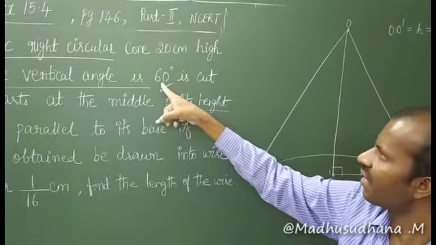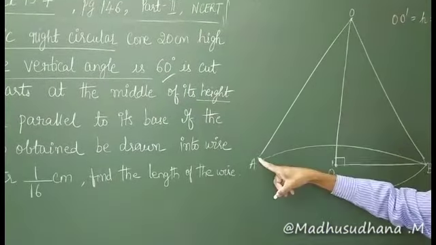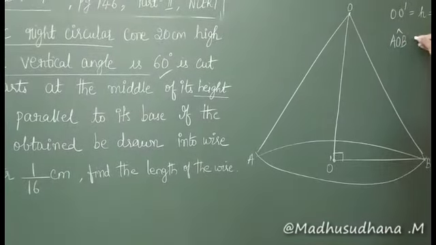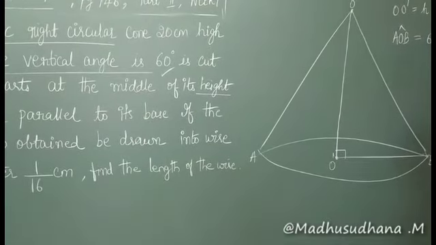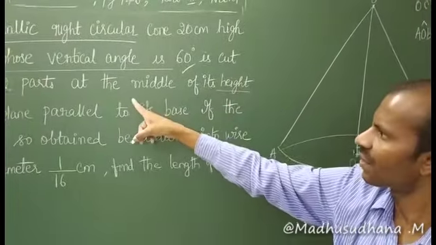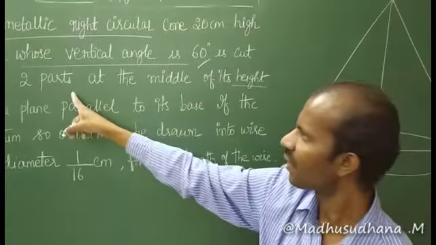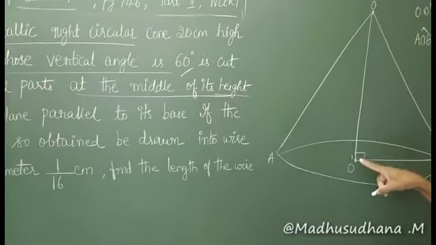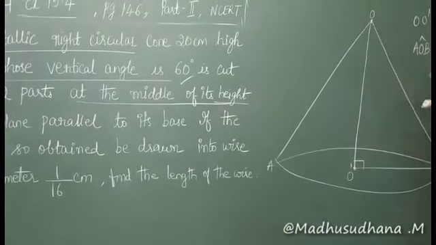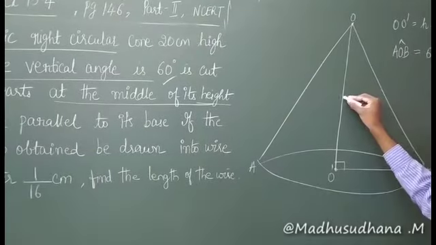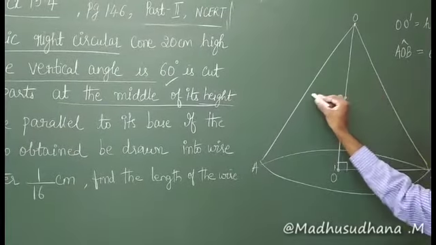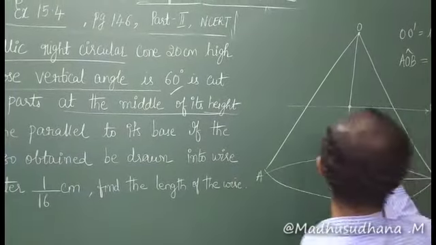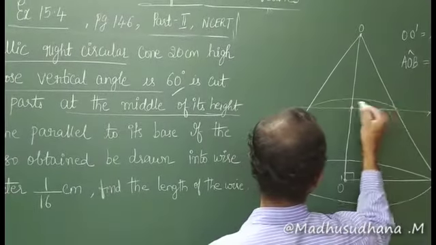Whose vertical angle, so here angle AOB, is equal to 60 degrees. Okay, it is cut into two parts at the middle of its height. So what is the meaning of the middle of the height? If this height is 20 centimeters, exactly somewhere here it is cut. So if this part is cut, I think I can get one more cone here like this.